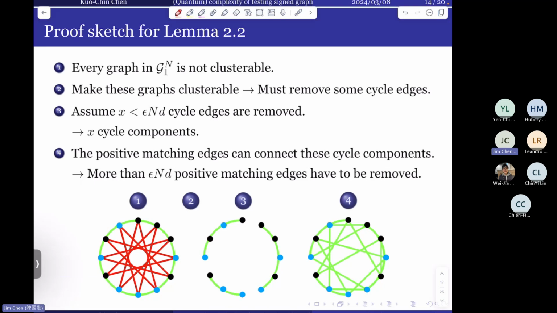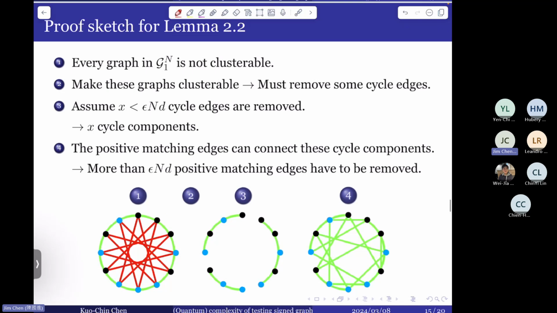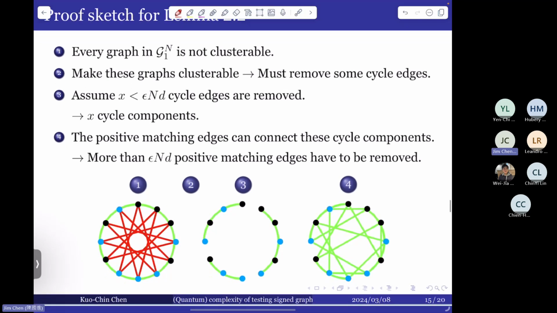To show the graphs in G1 are not clusterable, we observe that we are given an instance of a graph in G1. If we would like to make the graph clusterable, we have to remove some cycle positive edges. Otherwise, we have to remove every negative edge.